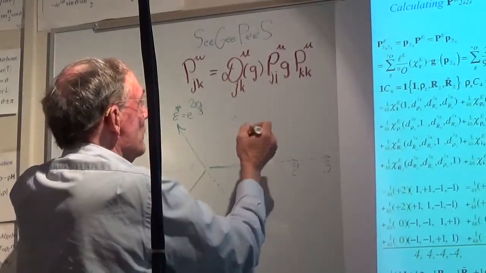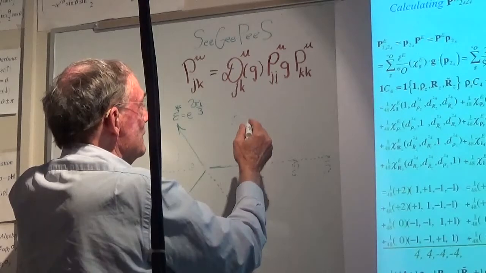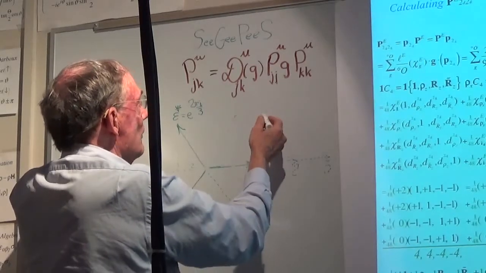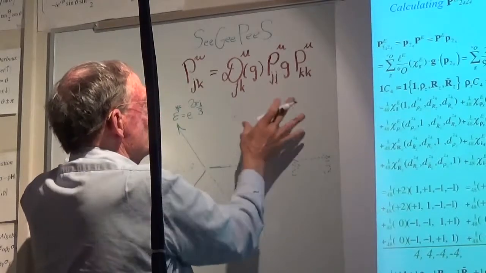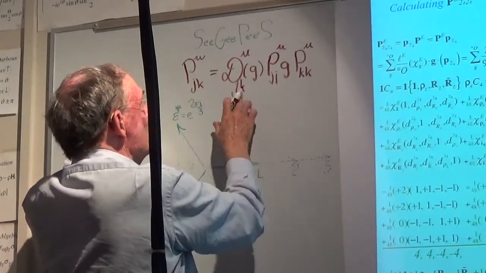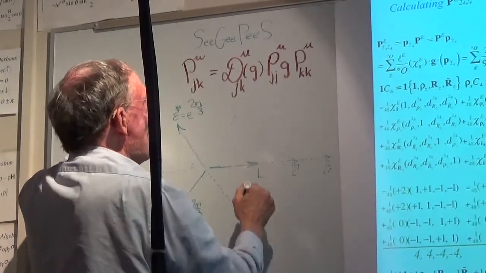Another way to say it, which I hesitate to use right now, is the state projected by those, and then I just say JK equals this.